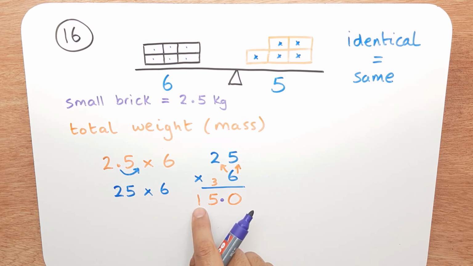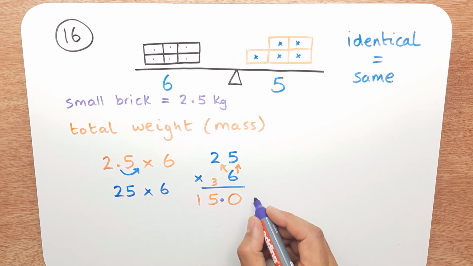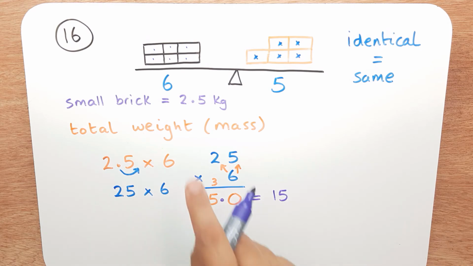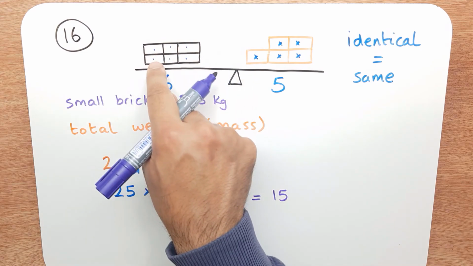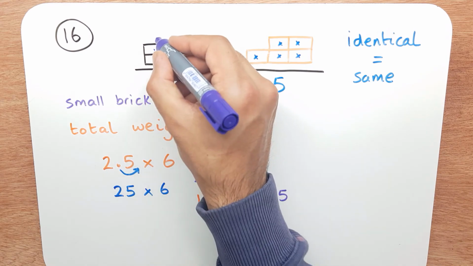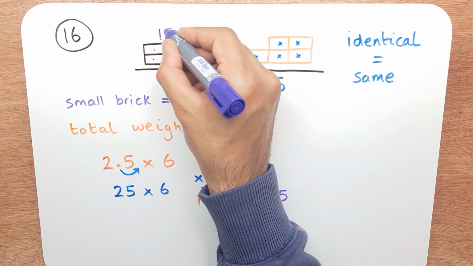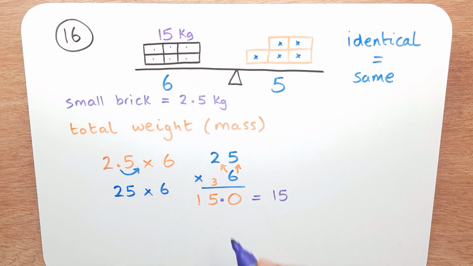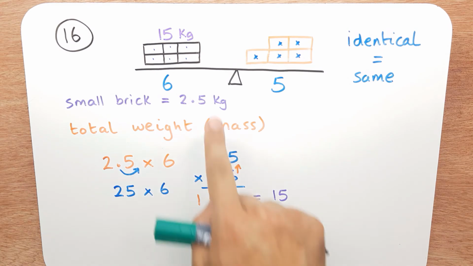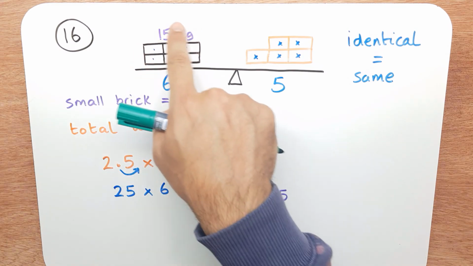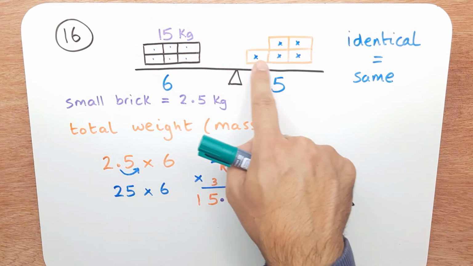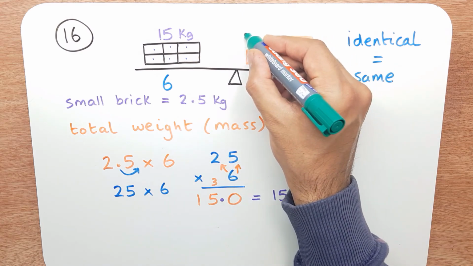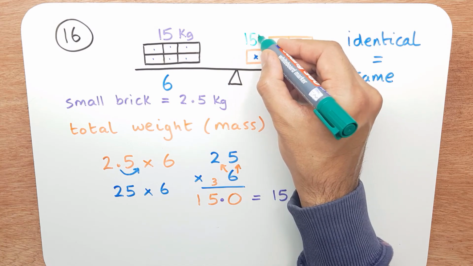So what I now have is 15.0, and that is the same as 15. So my 6 small bricks weigh 15 kilograms. So if these 6 bricks are 15 kilograms, these 5 large bricks must also be 15 kilograms.